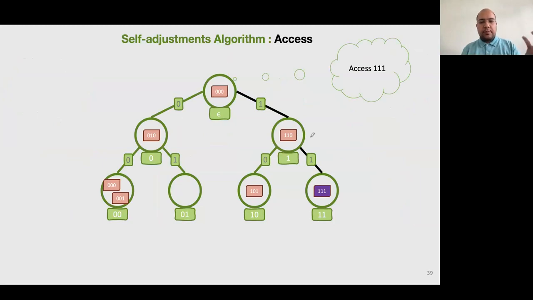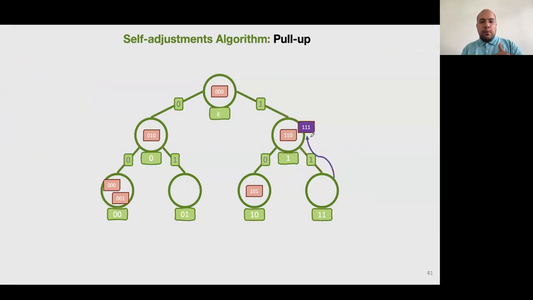That's what we are proposing: if you pull up this item to the root, that would help us with the dynamic optimality. But here you will see the fractional occupancy of this level is violated. So we need to bring back an item down to the same level that this item was taken from. So we will find an item in a level and then pull it up to the root.